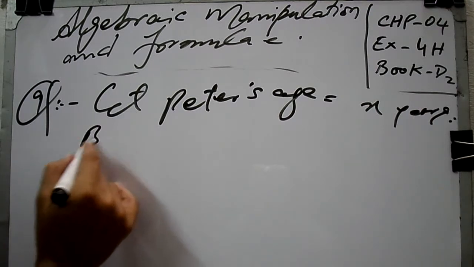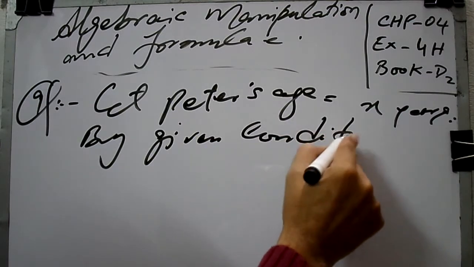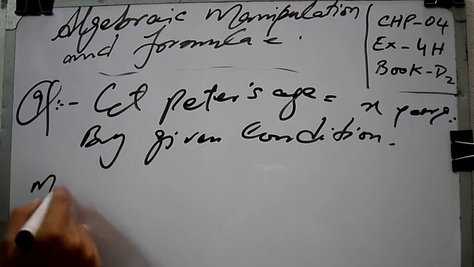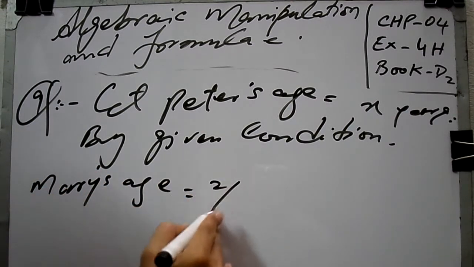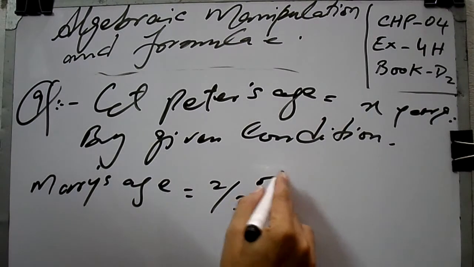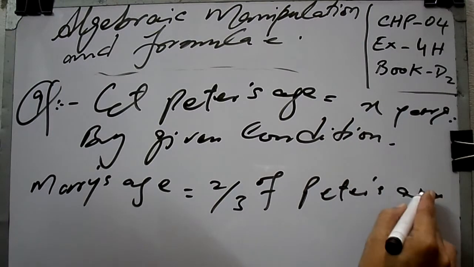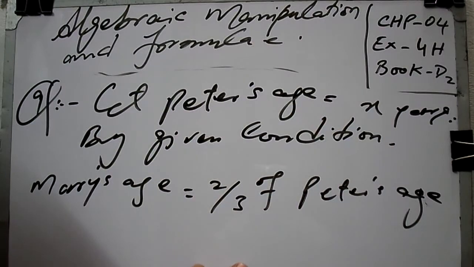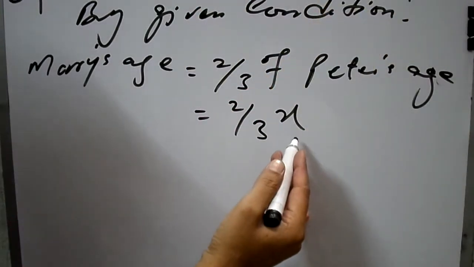Then by given condition, Mary's age is equal to 2/3 of Peter's age, so 2/3 x, because Peter's age we have supposed is x years.